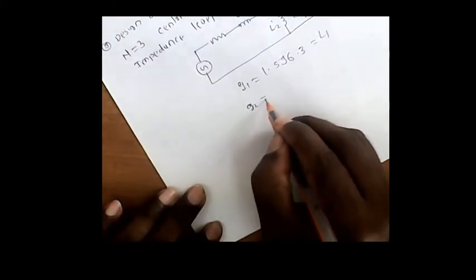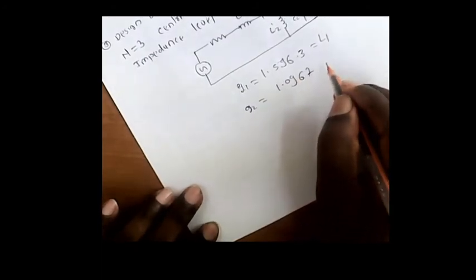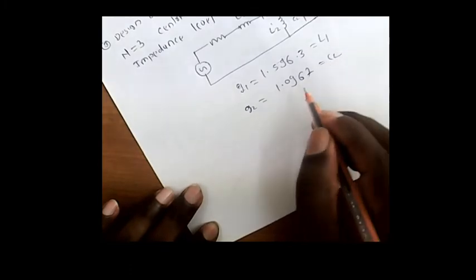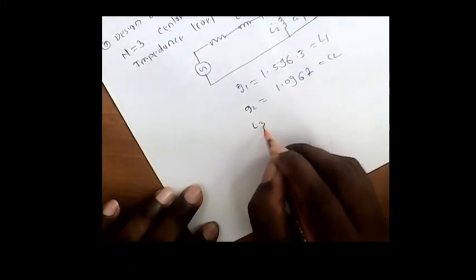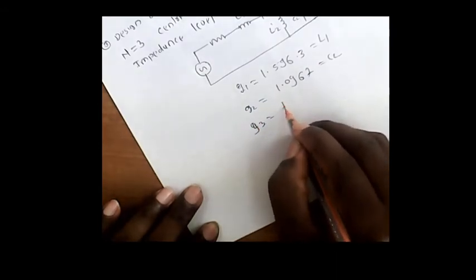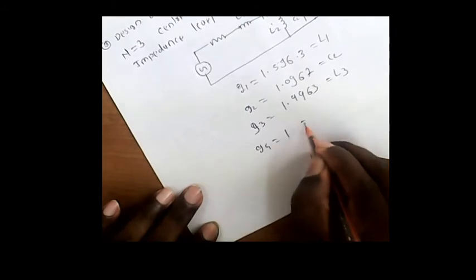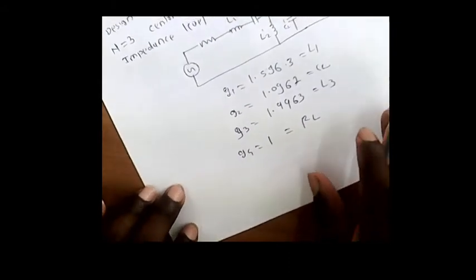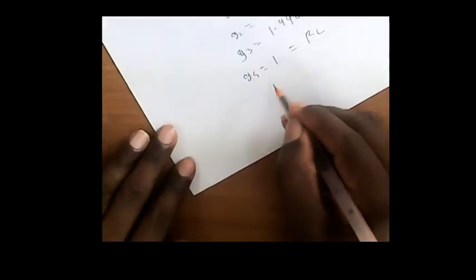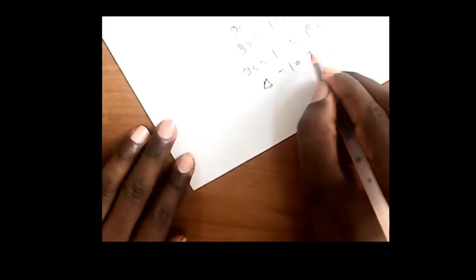Then G2 is equal to 1.0967, that is C2. G3 is equal to 1.19963, that is L3, and G4 is equal to 1, that is nothing but the RL. And here the delta, the ratio of frequencies, which is 10%, is given, that is 0.1.